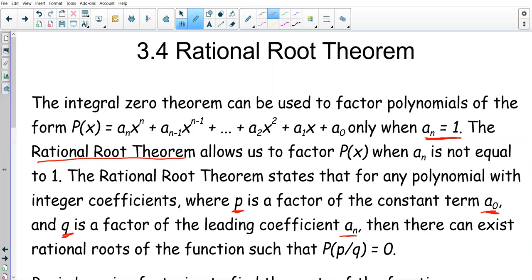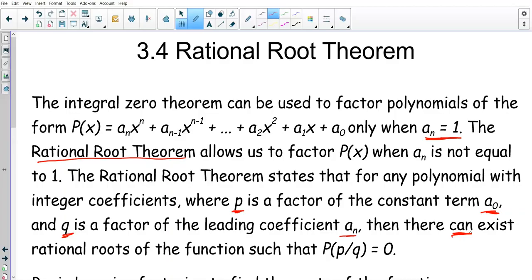There can exist, and can is the really important word here, rational roots of the function such that the quotient p divided by q could equal 0. So if I can find values of p and find values of q where that creates the function to be equal to 0, then I know that I found a factor of that function.